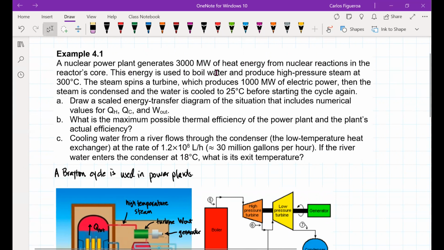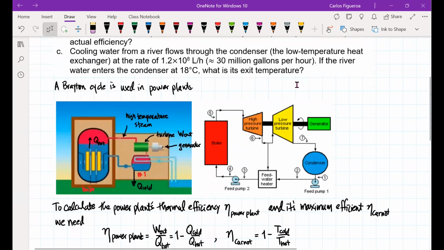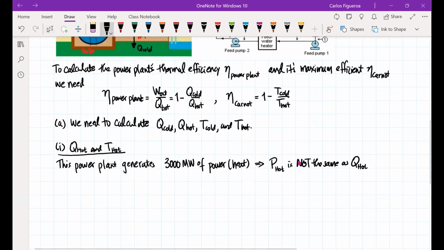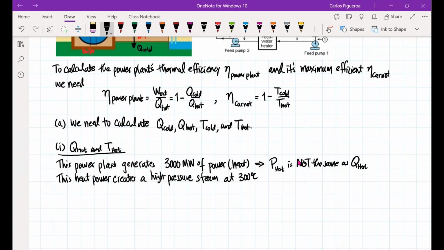This energy is used to boil water and produce high pressure steam of 300 degrees C. So if I continue to look at this, it then says this heat power, as they call it, creates a high pressure steam at 300 degrees C. So this tells me that this is the hot reservoir.